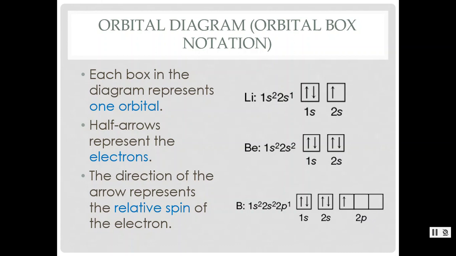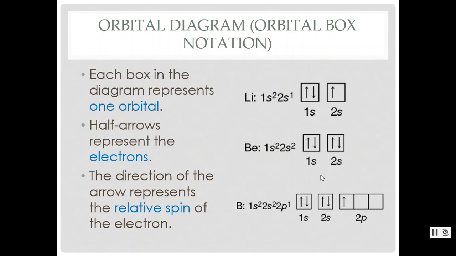Arrows are used to represent electrons, and each box, each orbital, can contain a maximum of 2 electrons, as we talked about before. Those electrons, if they are in the same orbital, have to have opposite spins, and we show that by arrows pointing in opposite directions. Usually we use half arrows to represent electrons.